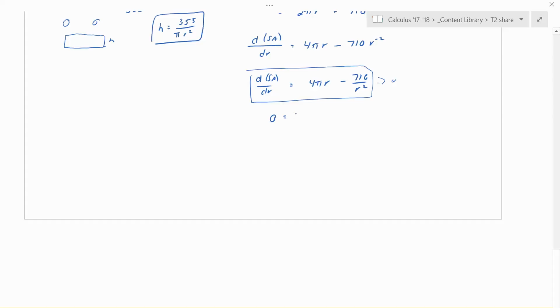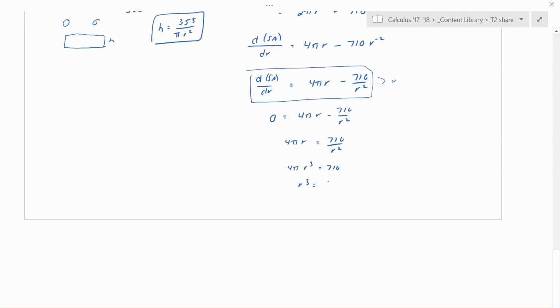So 0 equals 4 pi r minus 710 over r squared, or 4 pi r equals a positive 710 over r squared. Multiply each side by r squared, and I have 4 pi r cubed equals 710.